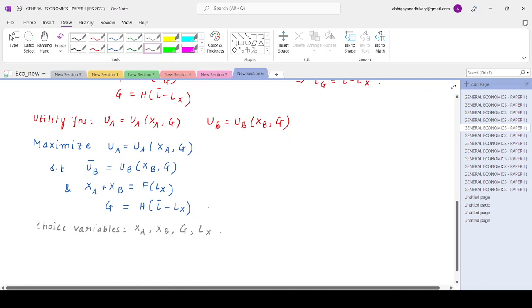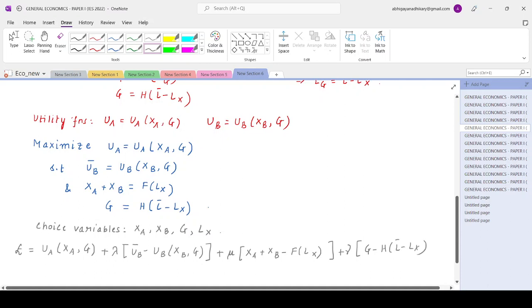You are trying to maximize UA, which is a function of XA and G, subject to the first constraint, lambda times UB bar minus UB of XB comma G. The second constraint is plus mu times XA plus XB minus f of Lx, plus the third constraint, gamma times G minus h of L bar minus Lx.